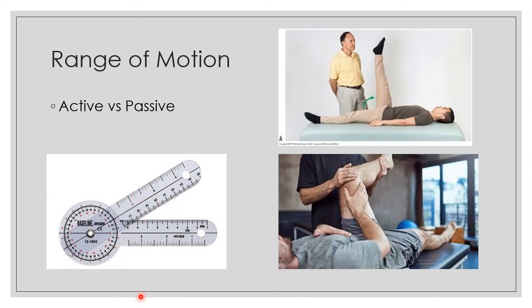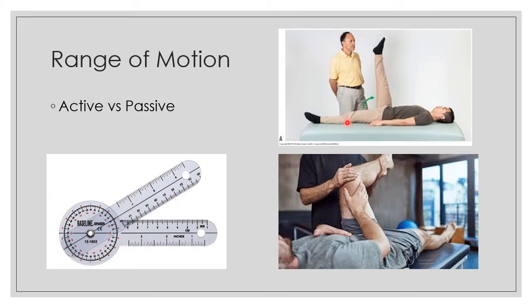So we check for active. By active, we mean that we ask the patient to move first. We observe the range, or if you have a goniometer, you can check what range is available. Then you try to do it yourself.